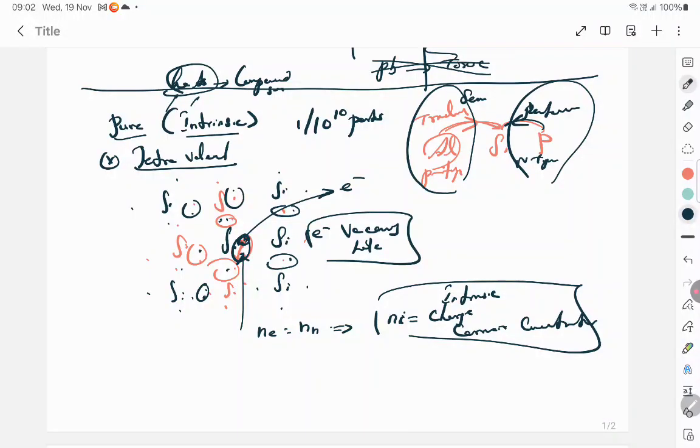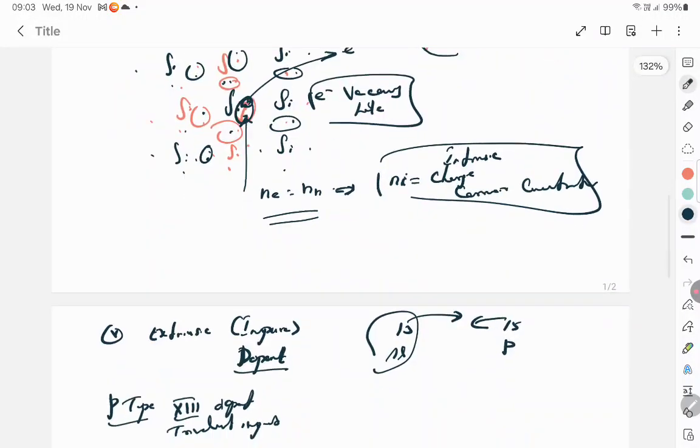You know that one tetravalent silicon is bonded by 4 other silicons on all the 4 sides, forming 4 covalent bonds. On excitation such as heat energy or light energy sufficient to break the covalent bond, an electron is set free, leaving behind a hole. Electron vacancy is called the hole. The number of electrons is equal to the number of holes. In general, Ni is referred to as the intrinsic charge carrier concentration.